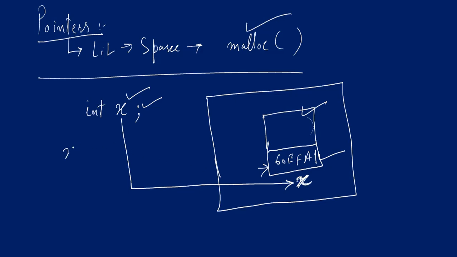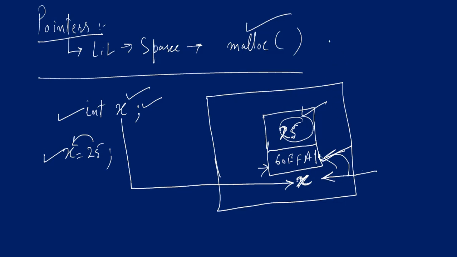So when I am writing x is equal to 25, first I have declared x as integer, second I am assigning the value 25 to x, so 25 will be assigned here. This 25 is the data stored at the memory location whose address is this, but C allows me to use x instead of using this memory address. Okay, this is the concept of pointers.